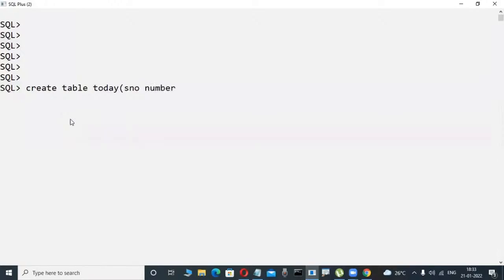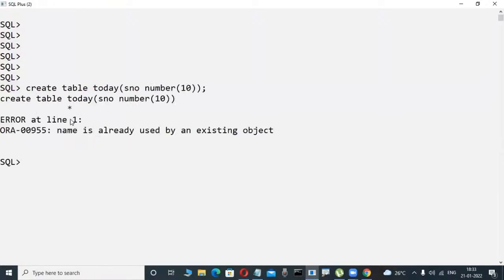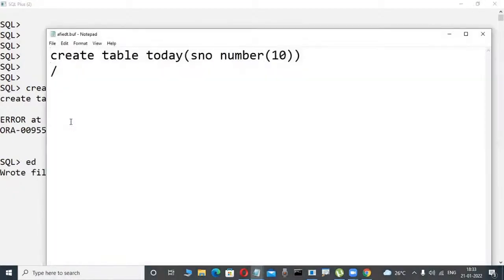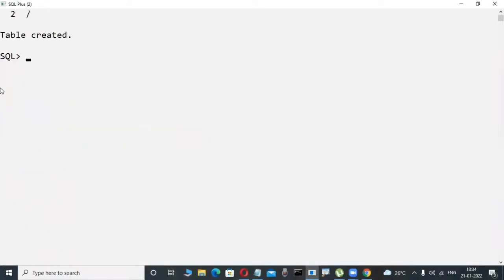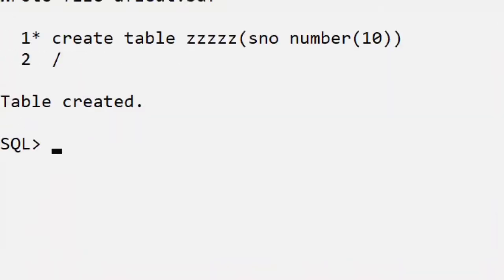That's why I'm creating a table. Slowly observe here, concentrate. Suppose Z is a table. For example, I am creating it; this table is created.